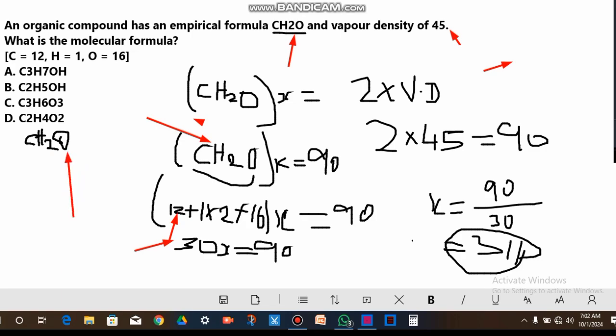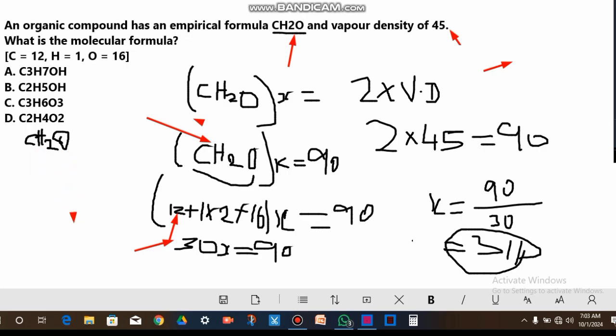But since it's only 1, 1, no need of writing these atoms here. Okay, so just take note that any single element in a compound, where you are not seeing any number or any subscript, just note that there is an unknown 1 here. Okay, so no need of writing it.